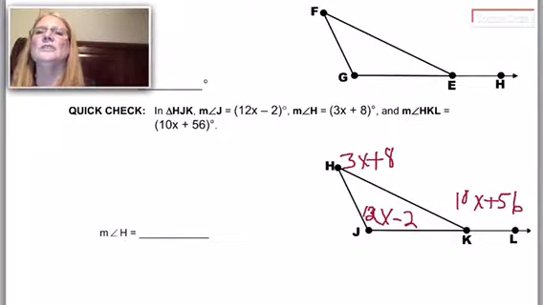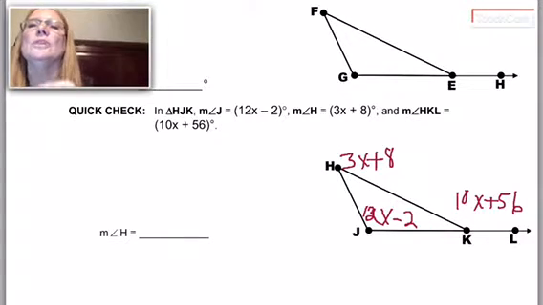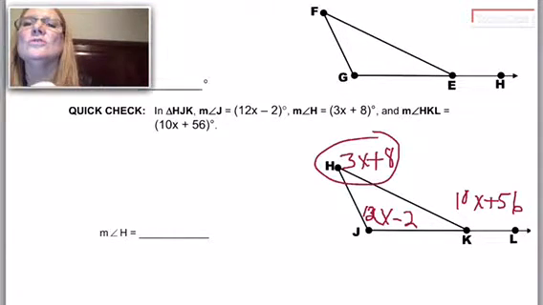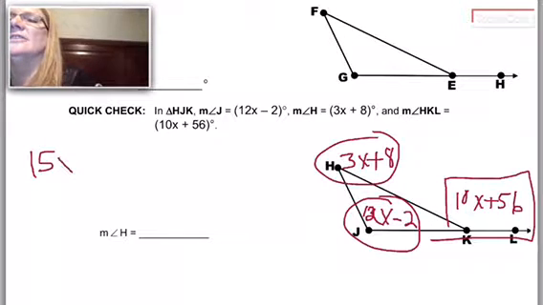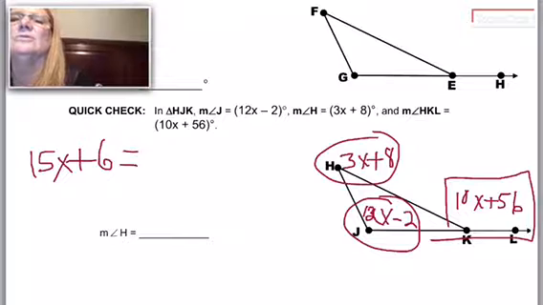Okay, once you've filled in your angle measurements, we know that if we add H to J, we get the exterior angle here. So if we add 3x and 12x, we get 15x. And if we add 8 and a negative 2, we get plus 6 is equal to 10x plus 56.